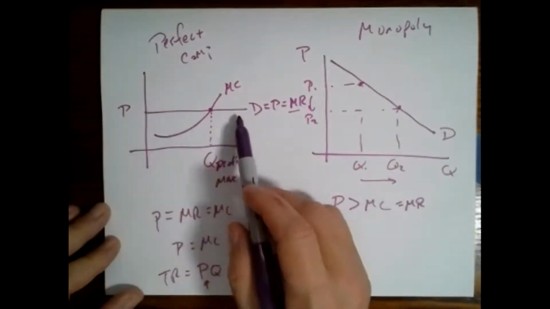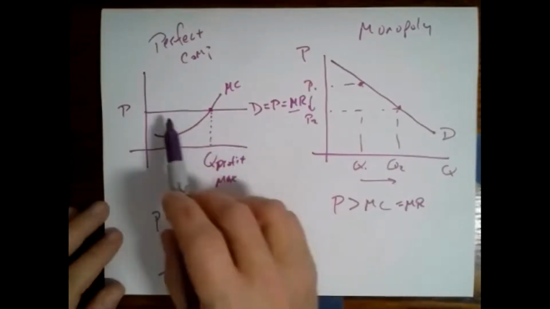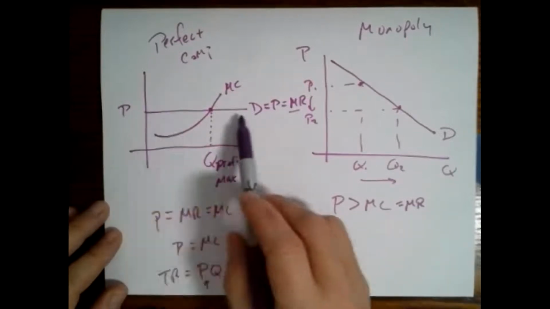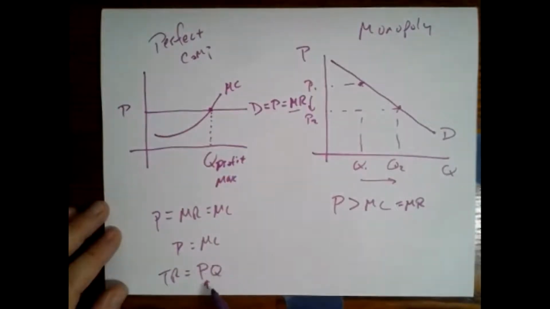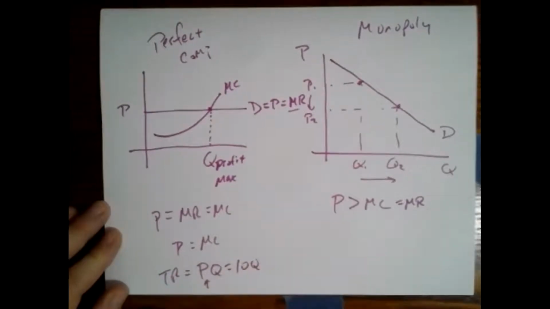That's the nature of a perfectly competitive market. Regardless of how much quantity is put out into the market, the price is always the same. So it's simply P times Q. If the price is 10, the total revenue function would simply be 10Q.